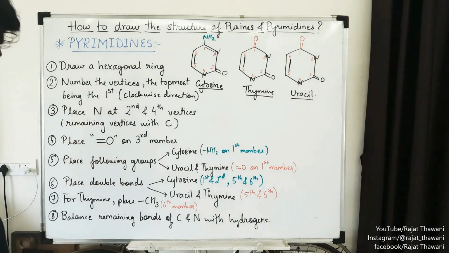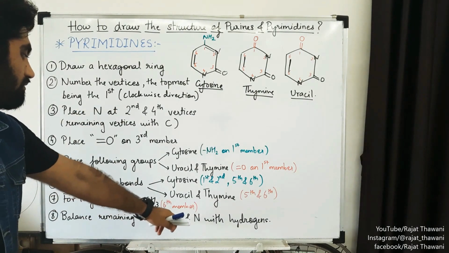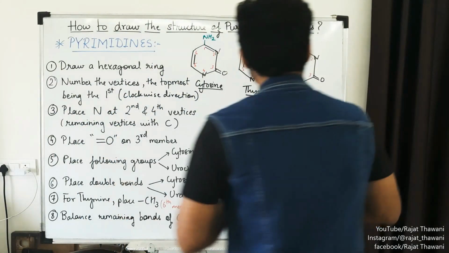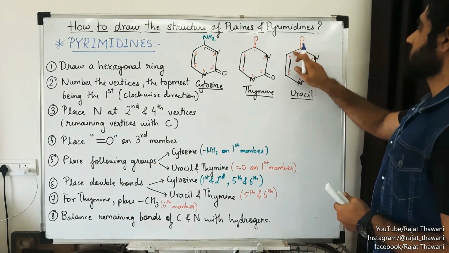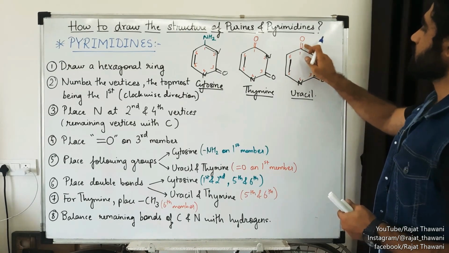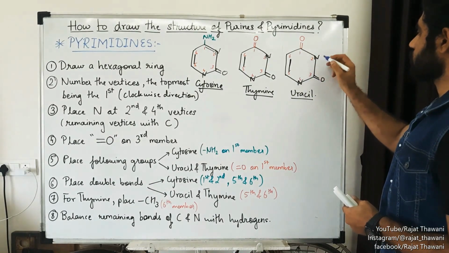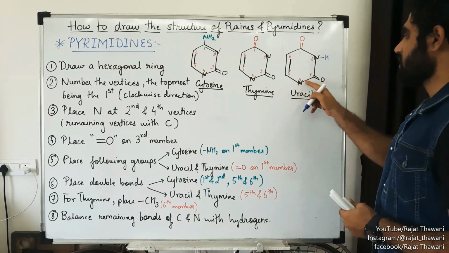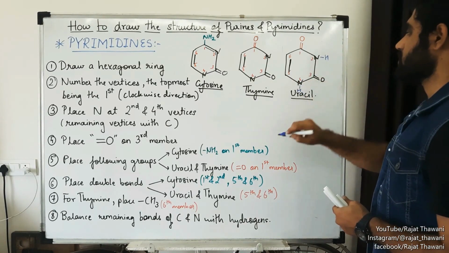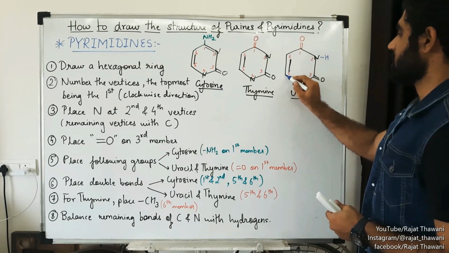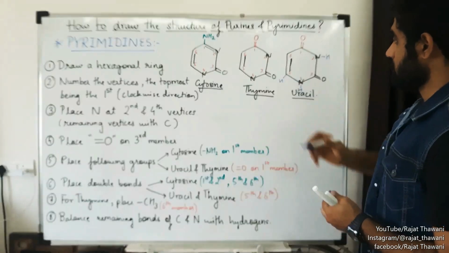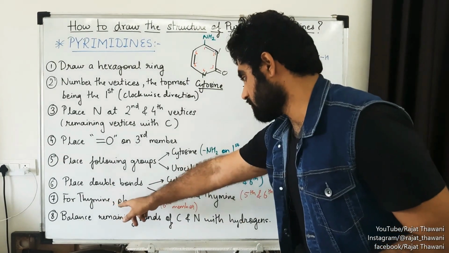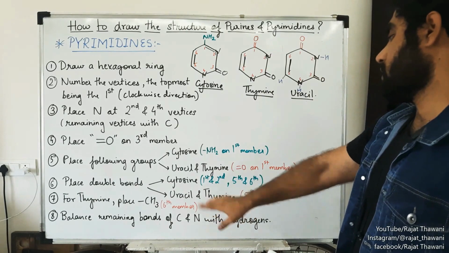Now the last point says balance the remaining bonds of carbon and nitrogen with hydrogens. Let's balance like last time. Here this carbon has 1, 2, 3, 4 bonds, so finish. Nitrogen has 2, and this is the third one, hydrogen. Carbon has 4. Here nitrogen has 2 already, so this will be the third one. This carbon has 3, so this will be the fourth one. Sorry, I didn't place the CH3 group. For thymine, place CH3 on sixth member.